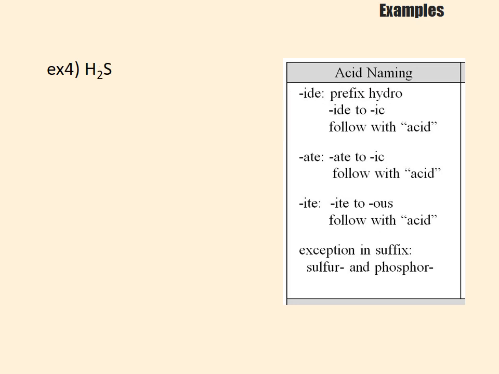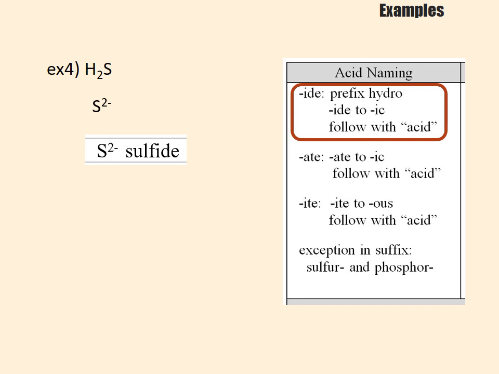Example 4, H2S. I have two hydrogens, so the S has a 2- charge. So I look up S2- on my negative ions list, I find sulfide, which ends in ide. So I have to add the prefix hydro. I change ide to ic, and I follow with acid.